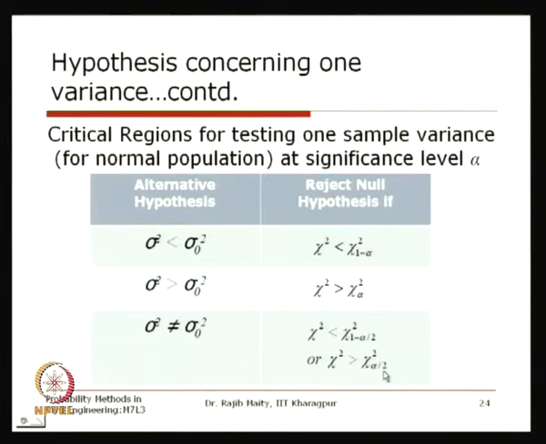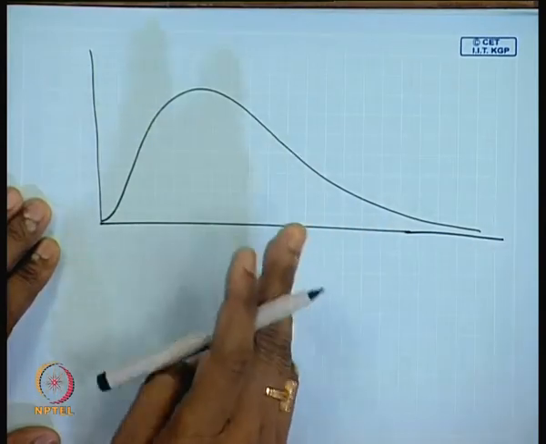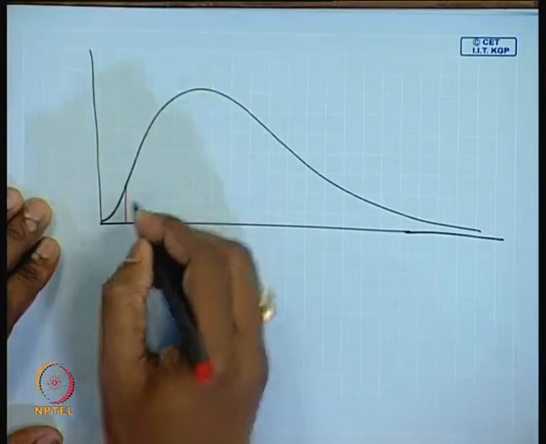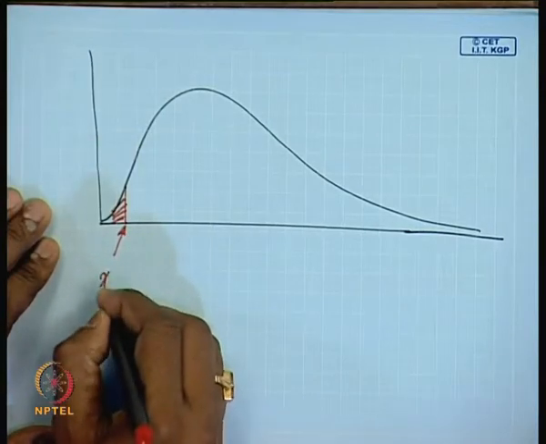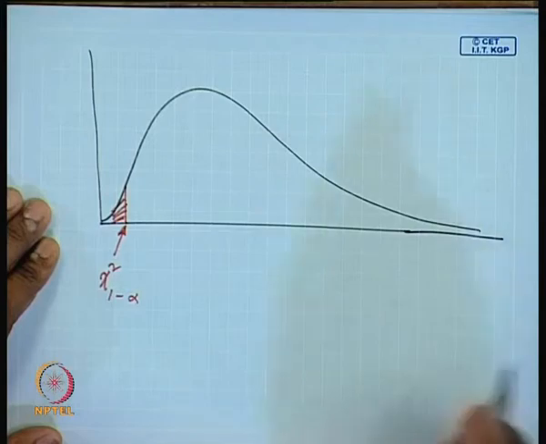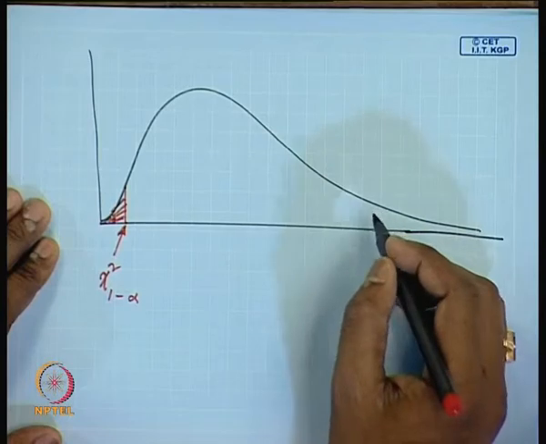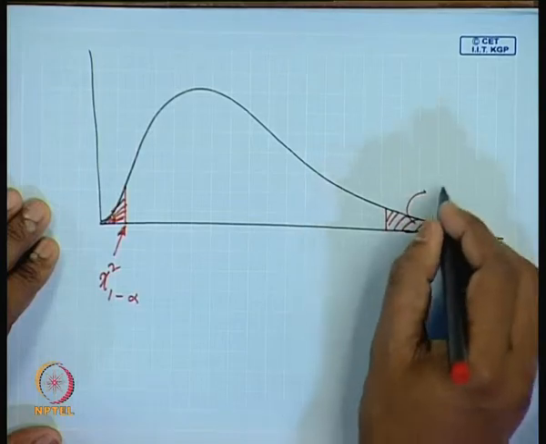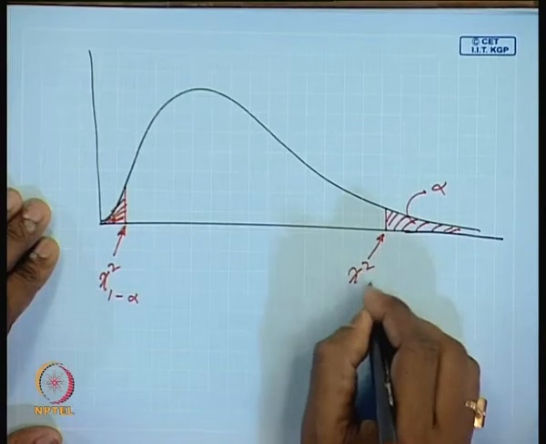If we quickly see the typical shape of a chi-square distribution, it looks like this. It is not symmetrical. Here, what we are referring to on the left side, this area, this value is what we call chi-square 1 minus alpha. For the right-hand side test, if this area is alpha, then this value is chi-square alpha.